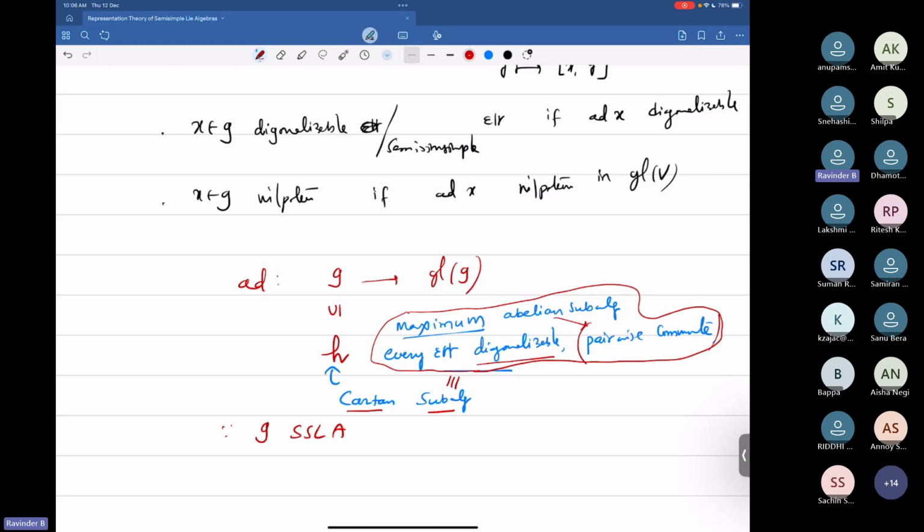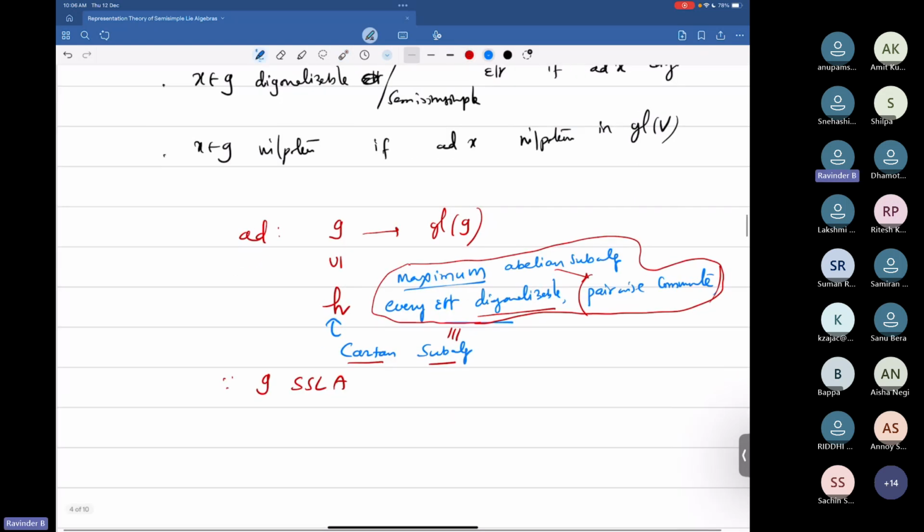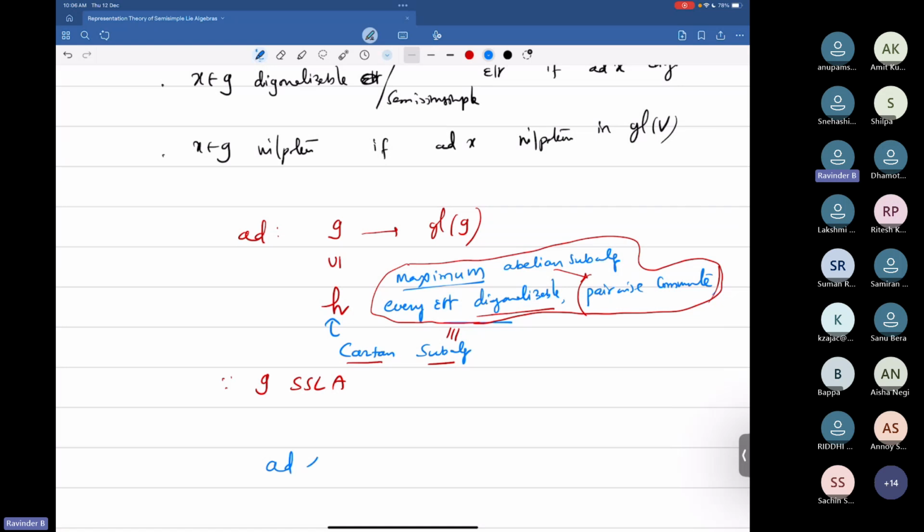So this is all. If you're not clear what is happening, you restricted yourself to G is SL3C. This is all diagonal matrices. Take all diagonal matrices so that you get more information. So the fact I just used is you look at the image.